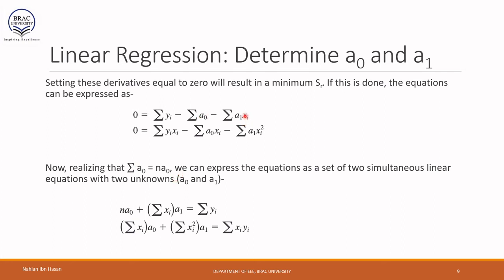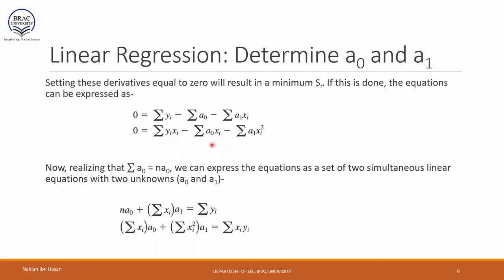Similarly, in this third term, a1 is a constant, so we can take it as a common part and out of this summation, and say a1 summation over xi, that is denoted here. Similarly, in the second equation, the first term is summation over xi yi. We multiply each of the individual pairs and then sum over all the data points.